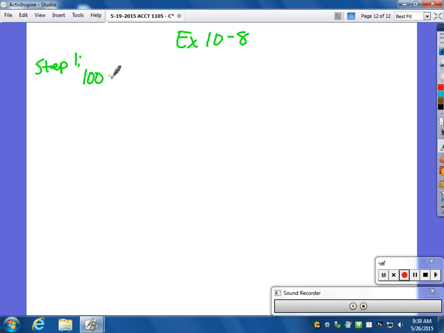So 100% divided by useful years. And that's going to give you your single rate, right? Step two, you take your single rate and do what with it?